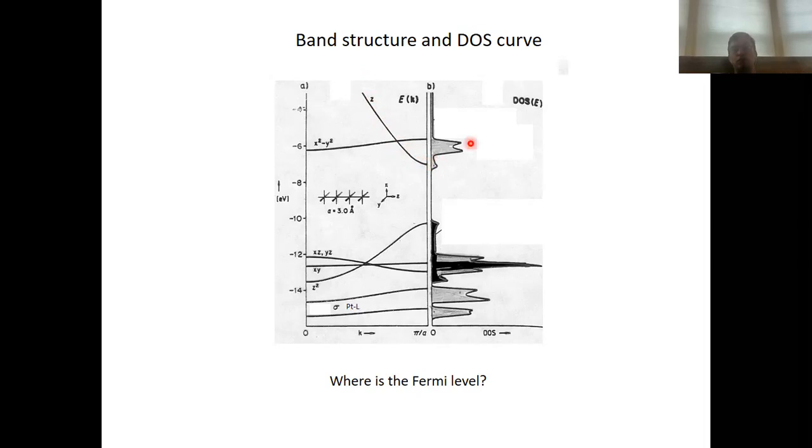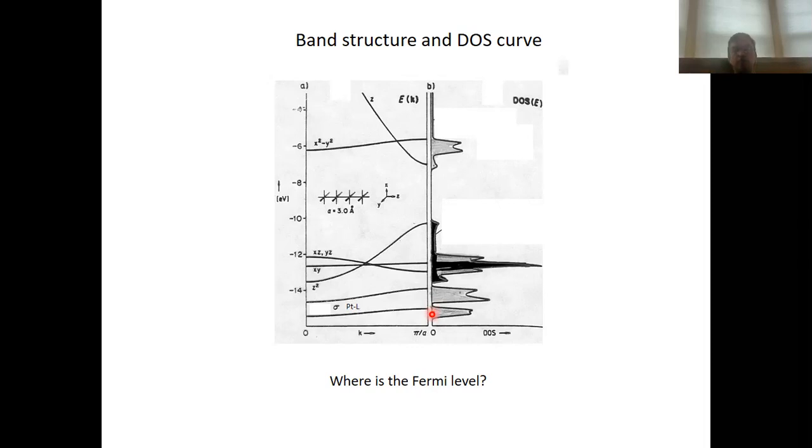So we can also produce the DOS curves from the band diagram. So we have learned that a narrow band translates to a high energy density of states, while a wide band translates to a low energy density of states.